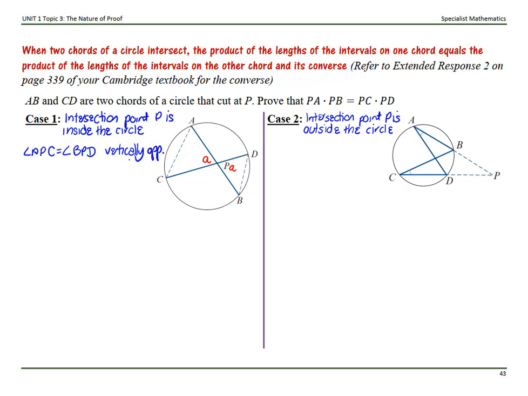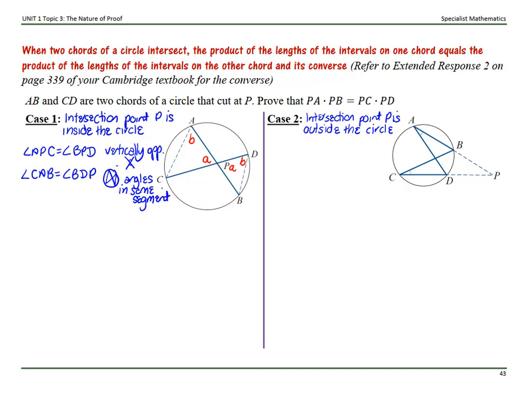Also, we know that this angle here has to equal that angle there because of angles in the same segment. So angle CAB equals angle BDP. So the code, our butterfly, or written in full, angles in same segment.